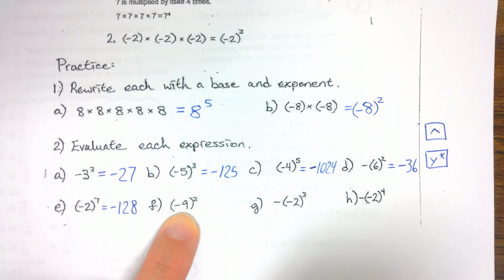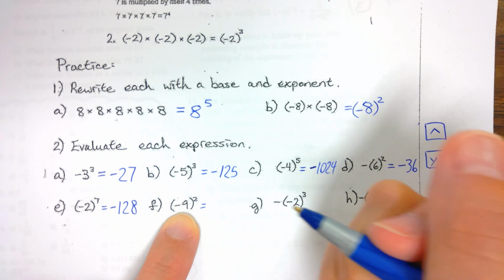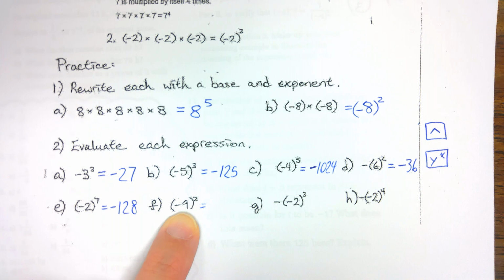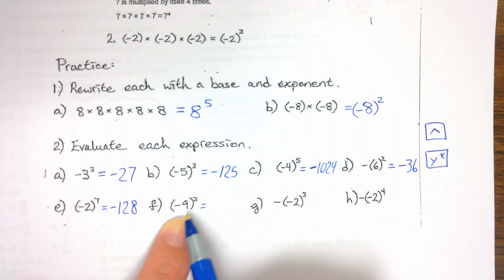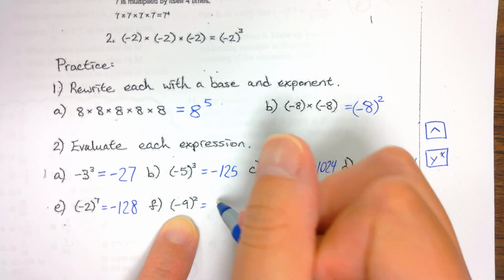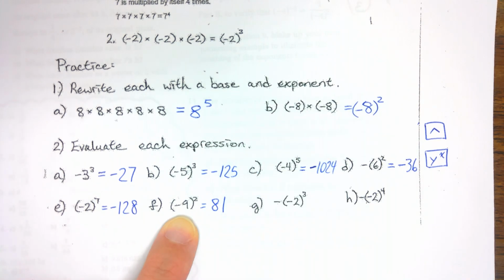F. Leandro? Positive or negative? The negative sign is inside the bracket. So this means negative 9 times negative 9. So 2 negatives make a positive, so it's positive 81.